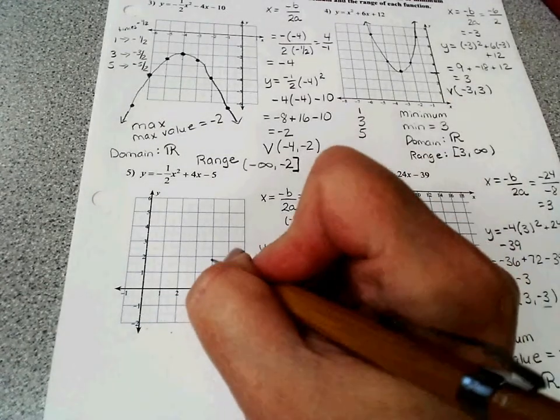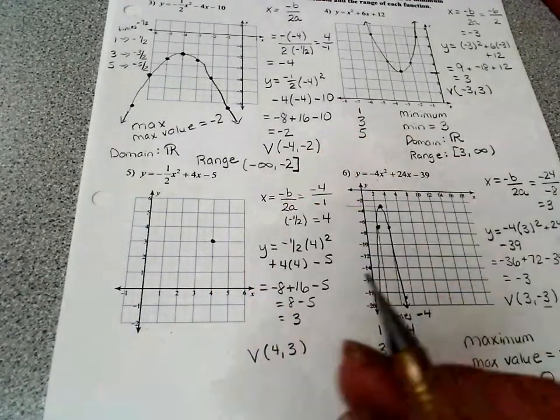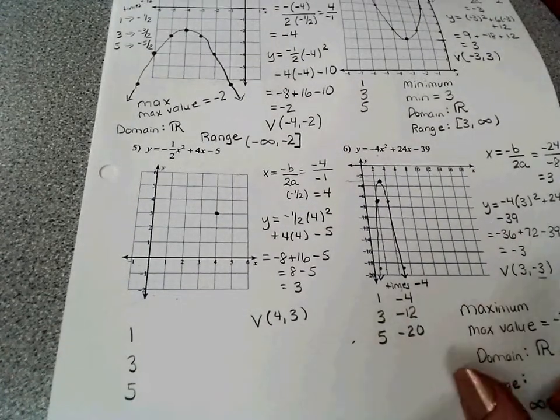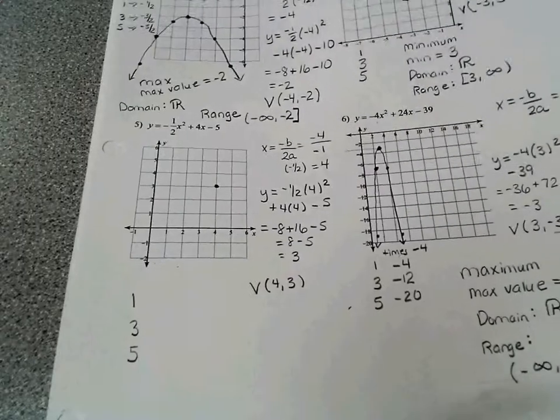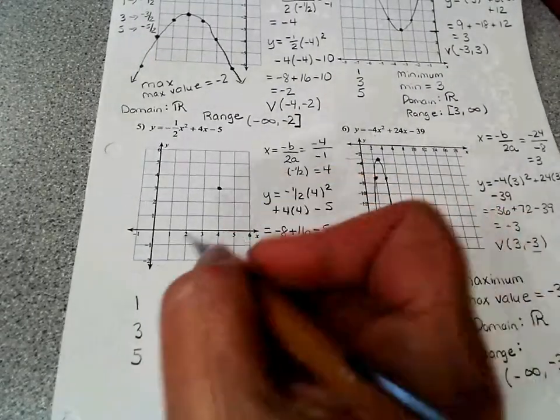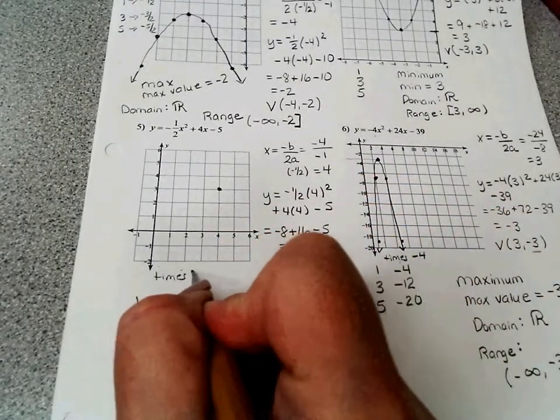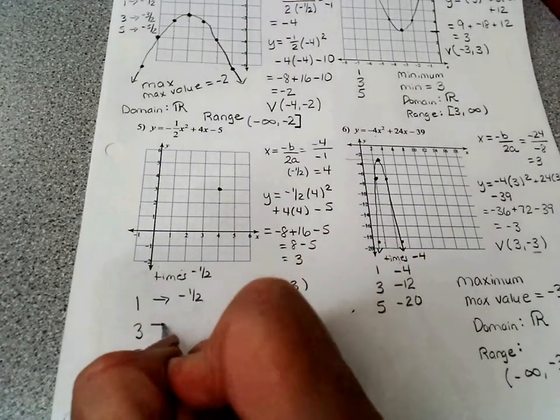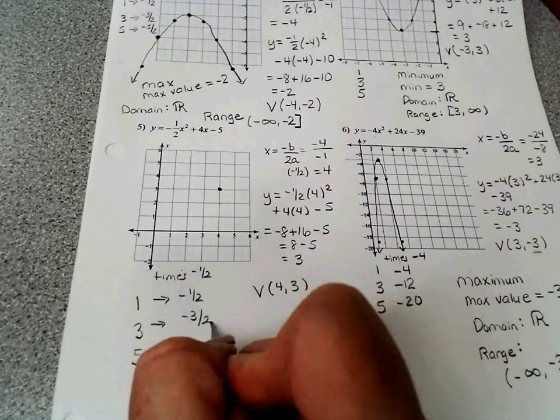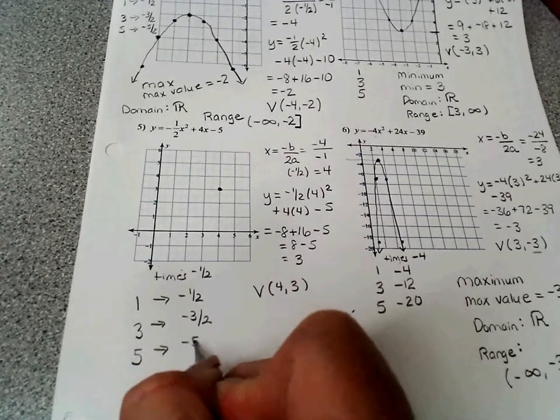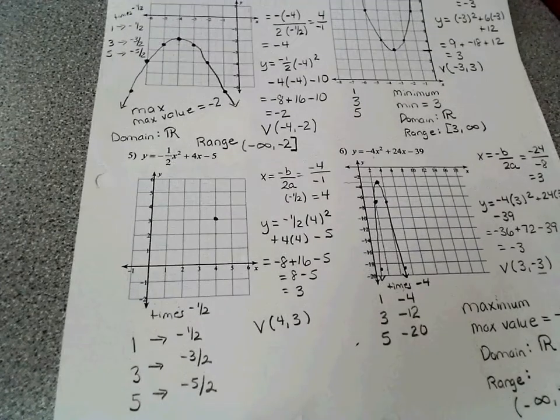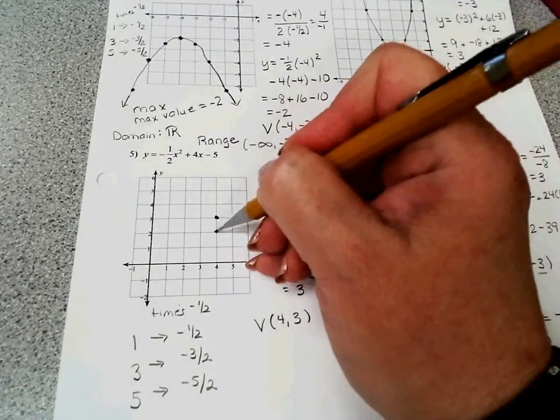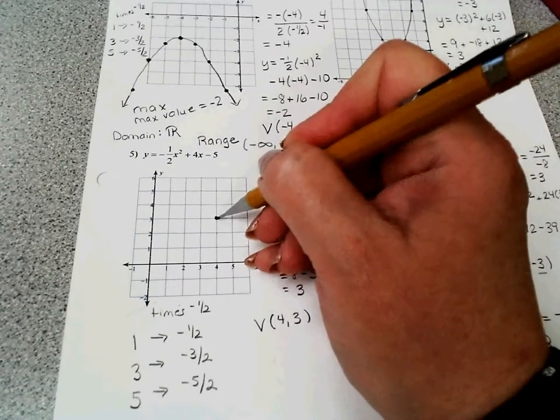So let's graph it. Then I write 1, 3, 5, and I multiply them each by negative 1/2. Always by the a. So 1 times negative 1/2 is negative 1/2. 3 times negative 1/2 is negative 3/2. 5 times negative 1/2 is negative 5/2. From my point, I'm going to go down a half. So here's a hole. Do you see it from tick to tick?